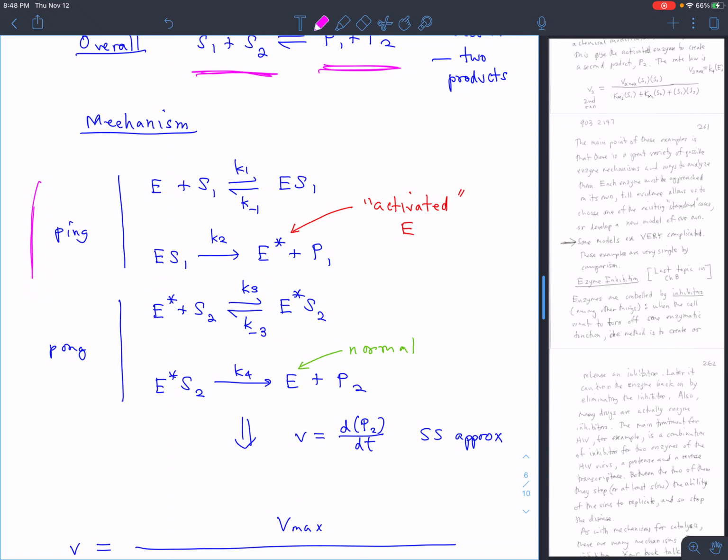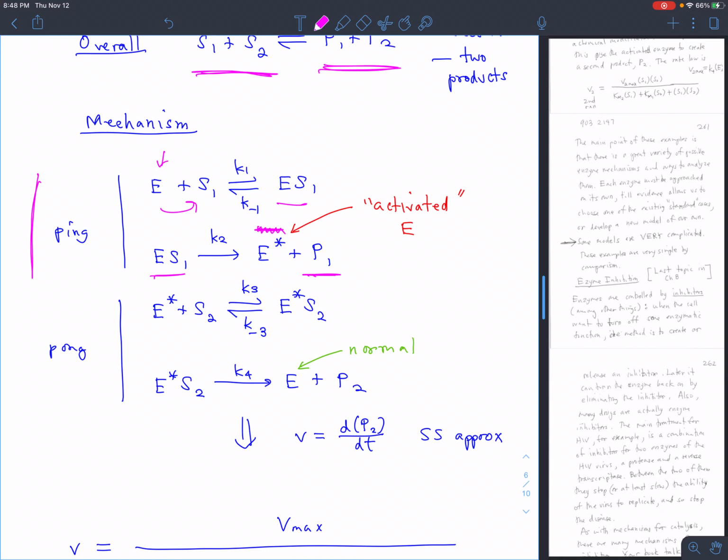There's a ping step in which the enzyme binds the first substrate to form an enzyme-substrate complex. The enzyme-substrate complex then reacts to form product number 1, but it also creates an altered enzyme. So the enzyme doesn't have a substrate on it anymore, but it's not the same as the original enzyme.